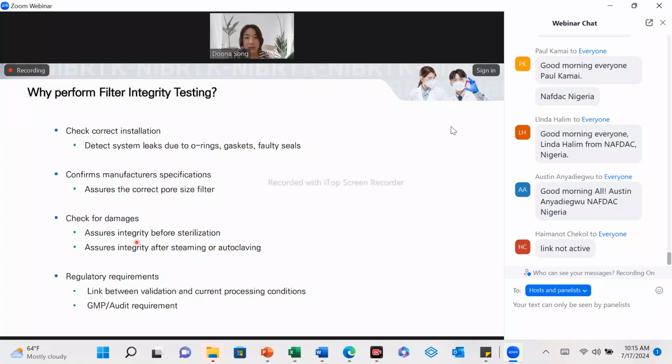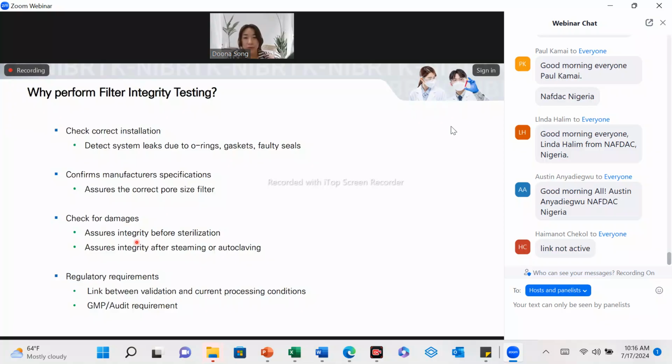We need to check the filter for any damages. This assures the filter's integrity before sterilization and after sterilization, like steaming or autoclaving, and/or during transport.